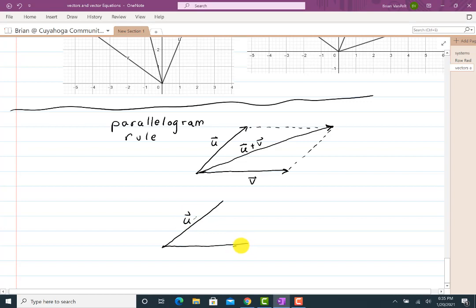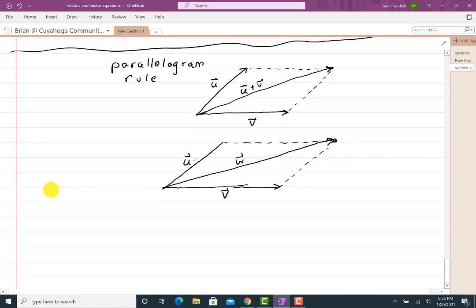And then V I'll also make a little bit longer. A little bit off, but here I'm going to call this W instead of U plus V. We do know that W equals U plus V.